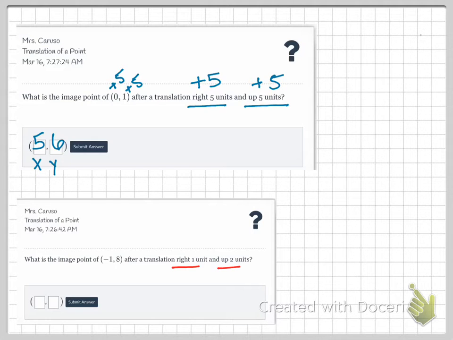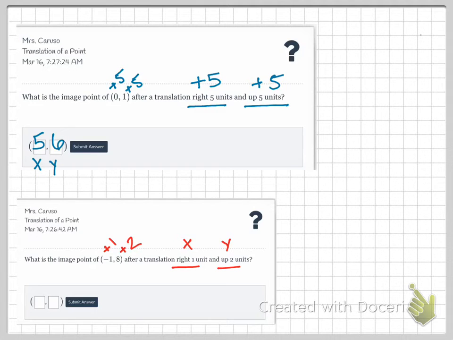So right 1, that's going to be my x, and up 2 is going to be my y. So I want to add 1 to my x, and I want to add 2 to my y. And then I just have to do the math.